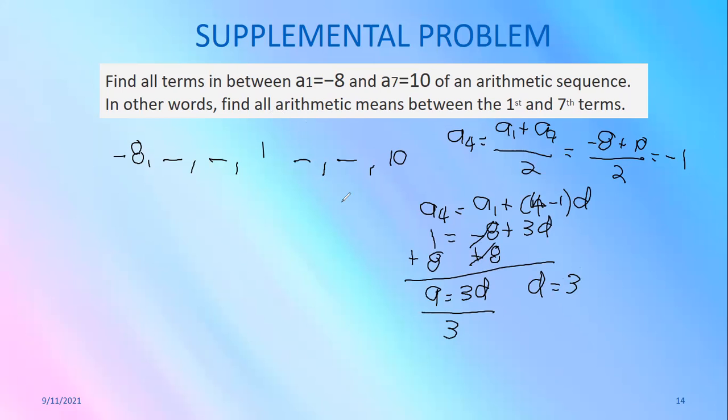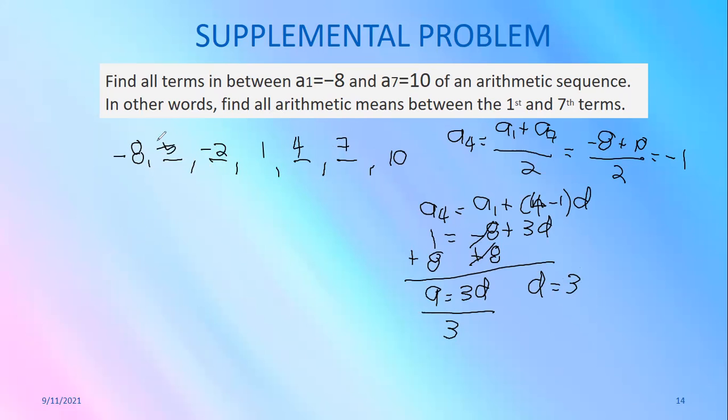So which means, if we're going to continue, a sub 4 is equal to 1, so 1 minus 3 is negative 2. Okay, and negative 2 minus 3 is negative 5.